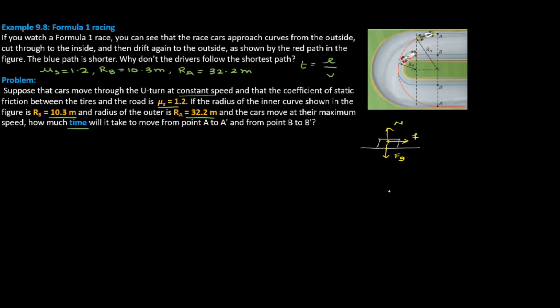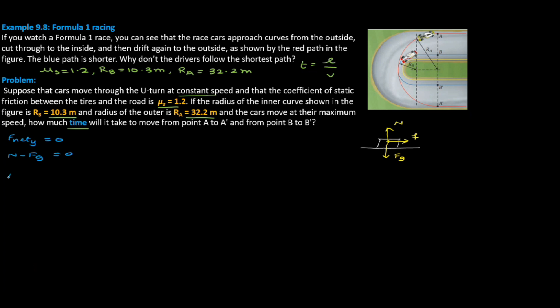Once we identify the forces acting on the car, we will write the equation of forces along the x and y axis separately. Since there is no acceleration along the y-axis, the net force acting along the y-axis we can write to be equal to 0. And if the net force along y is 0, when we add all the forces along the y-axis, we get the normal force minus the force due to gravity to be equal to 0.